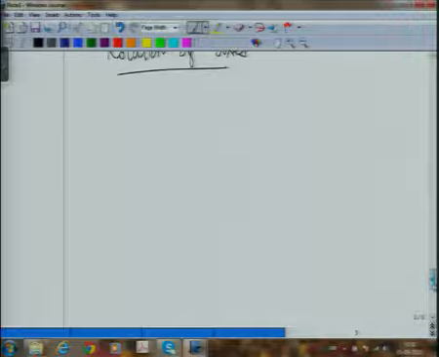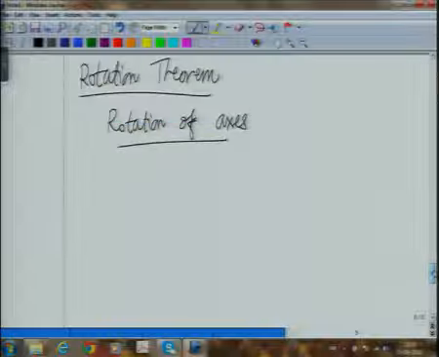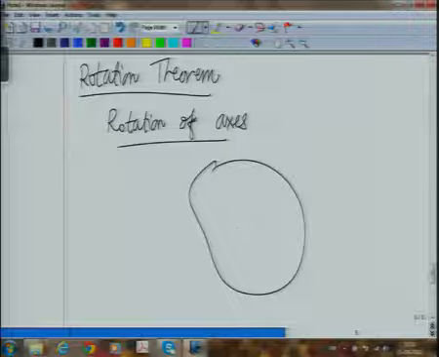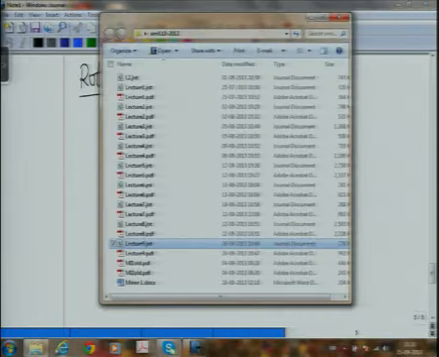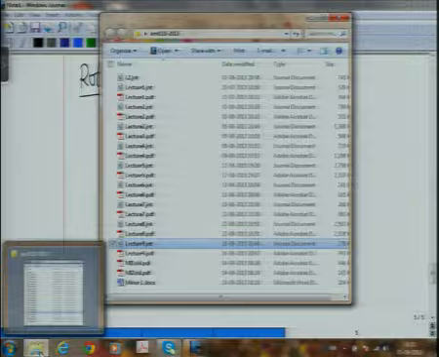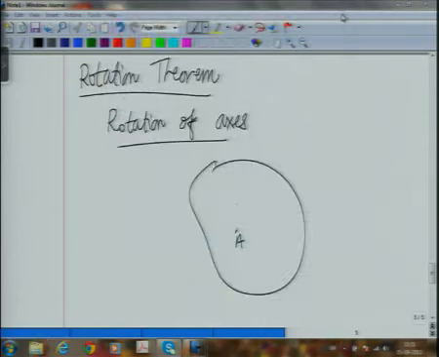So for example, now again this is my body, I am at any point A. This formula which we are deriving is valid for any point. It does not have to do anything with the center of mass. So, let us see.